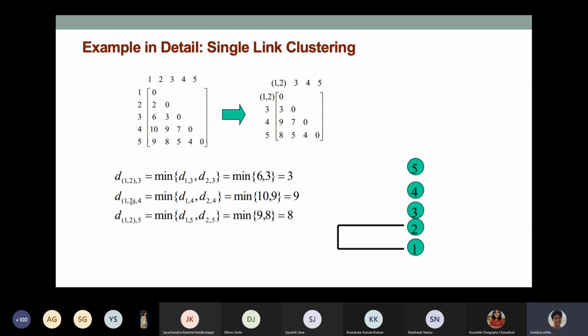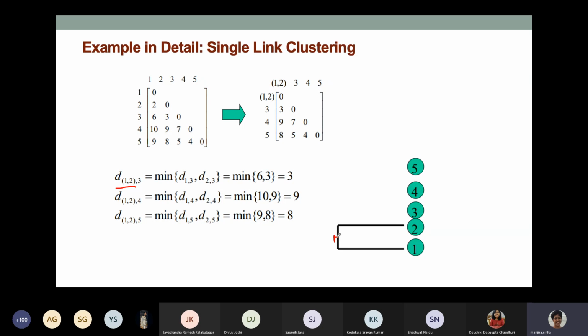Likewise, we will calculate all the pairwise distances between the cluster 1, 2 and the others. Say we take a node here representing D12. Now we need to calculate the distance of this D12 with all the 3 nodes, which we have considered a single cluster, each a single cluster on its own. So how do I calculate the distance?